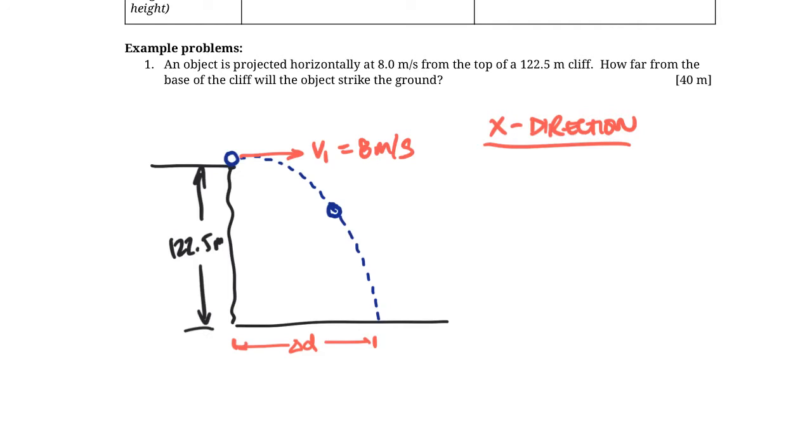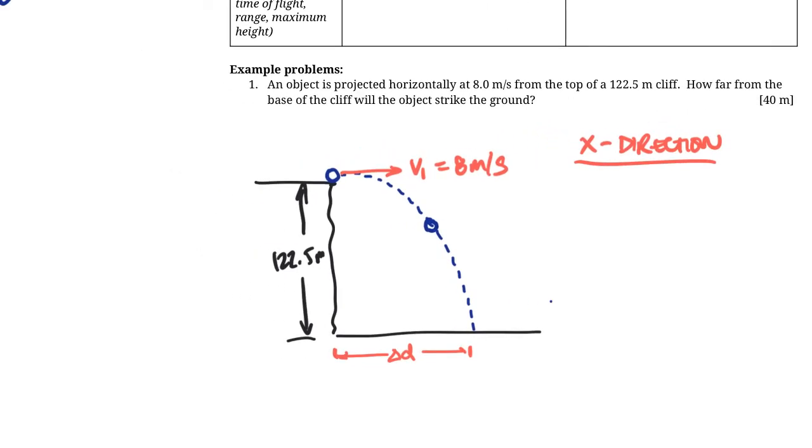But is there any force in this x direction? And the answer is no. There's no force in this x direction. In fact, if we looked at this ball, just a free body diagram, I'm just going to do a FBD of this ball off to the side. As it's in the air, literally the only force that's applied to it is the force of gravity.